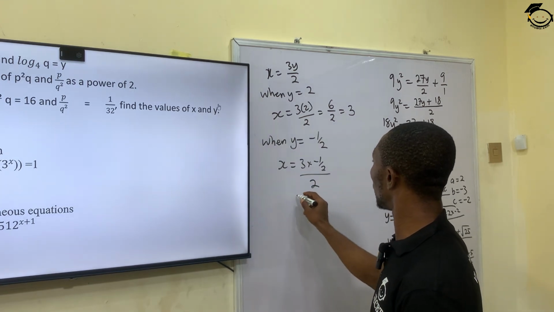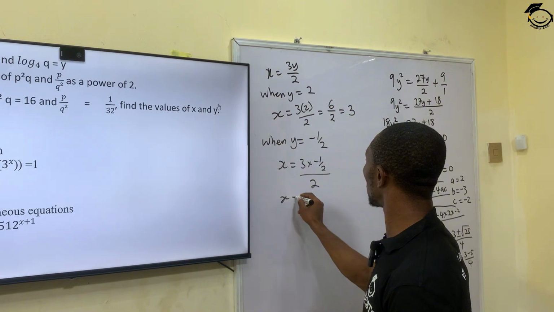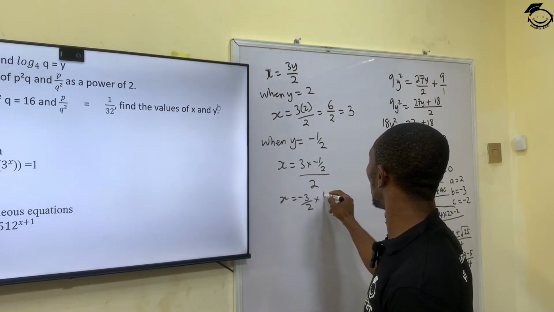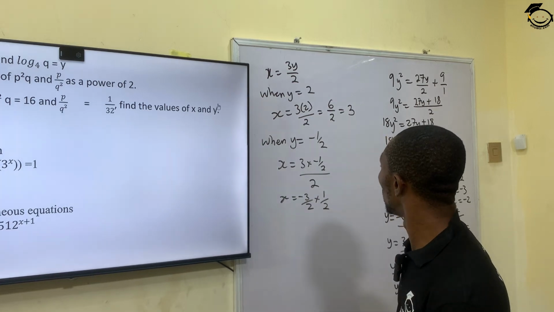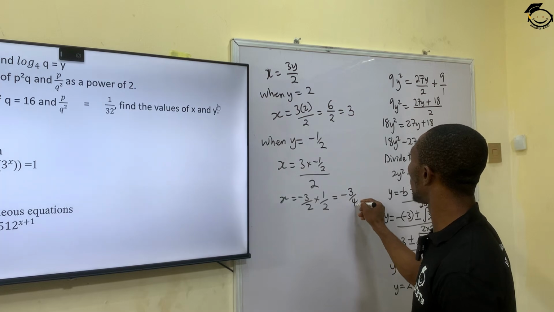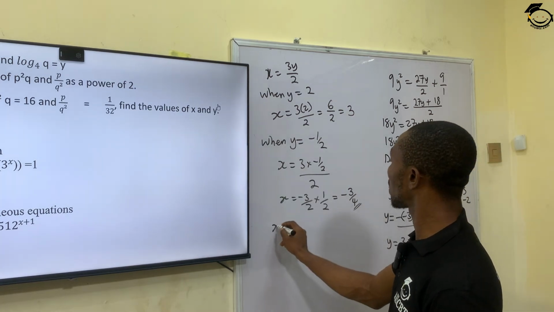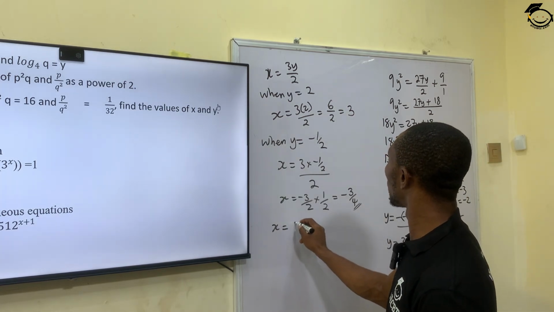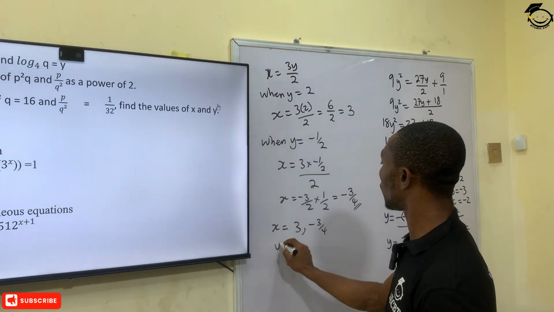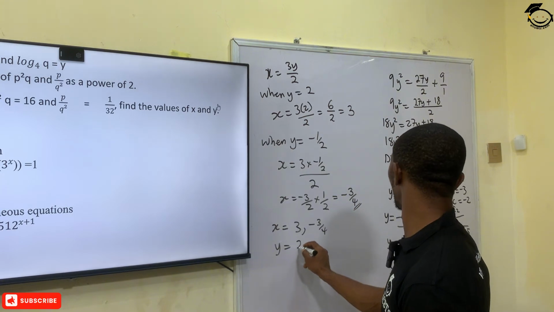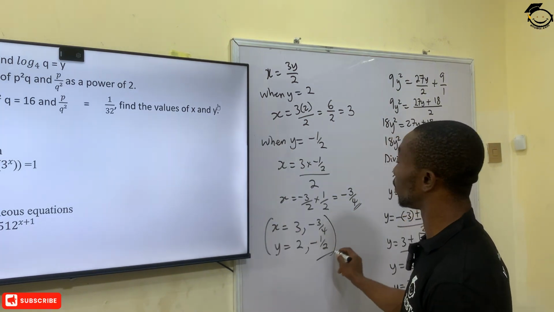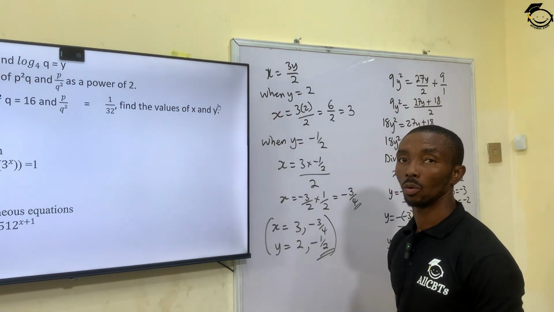Okay, so this will give us x equals minus 3 over 2 times 1 over 2. So this will leave us with minus 3 over 4. So values of x will be 3 and minus 3 over 4, and values of y will be 2 and minus 1 over 2. So this gives us the value for x and y.